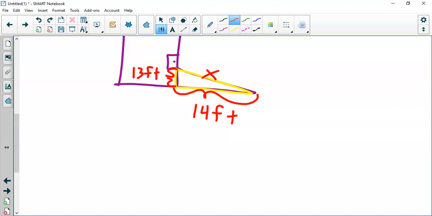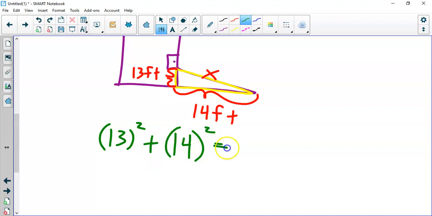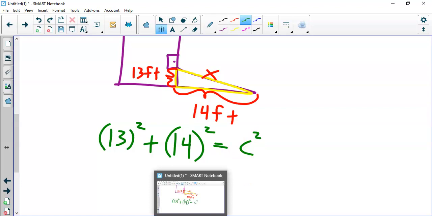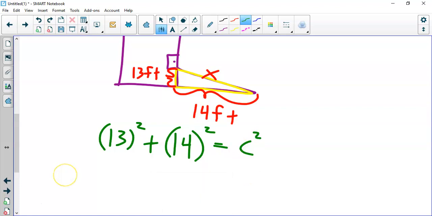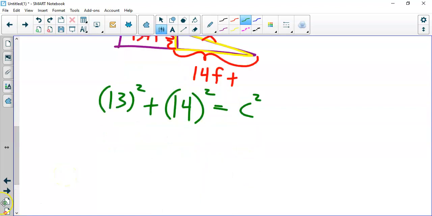So you pick who you want A to be, you pick who you want B to be, and we plug in. So I'm going to say A is 13 squared plus my B, which has to be 14 squared, equal to C squared or X squared, whatever you want to call it. So what now?